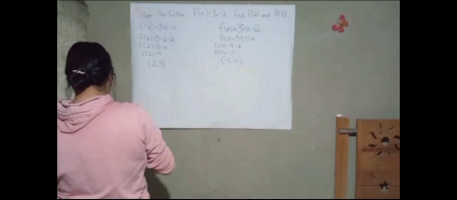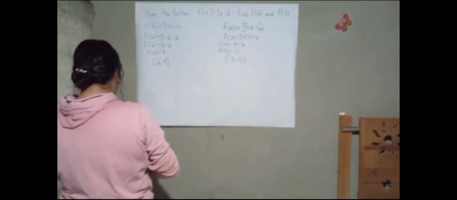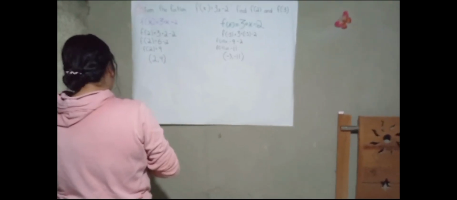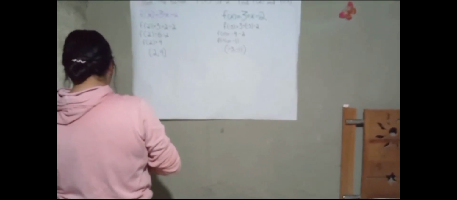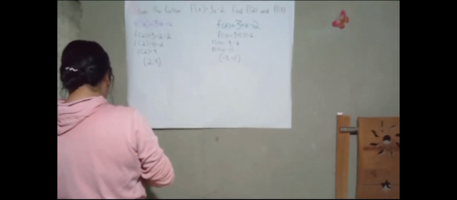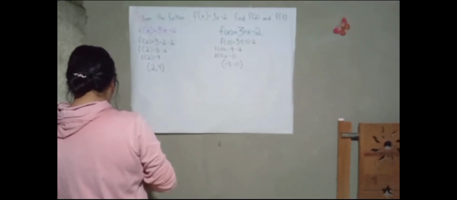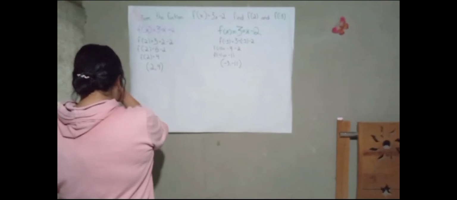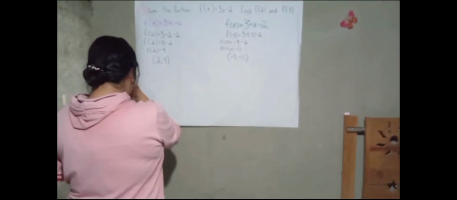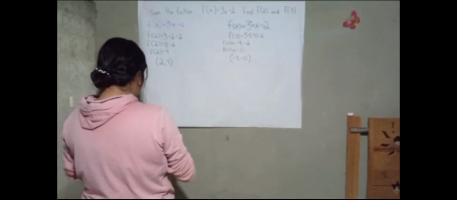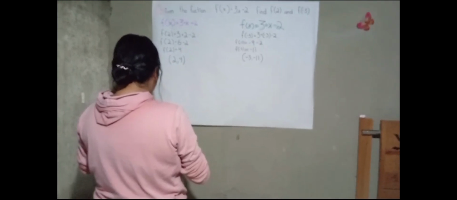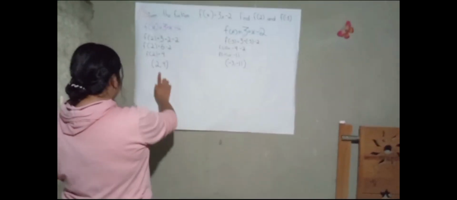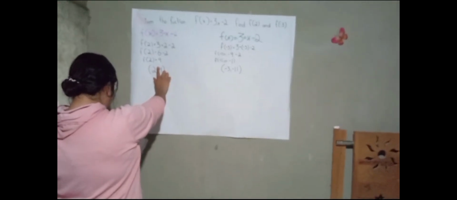First, f of 2 equals 6 minus 2, equals 4. First, we solve the multiplication and then the subtraction. We multiply 3 by 2, equal to 6, and subtract 2, and as a final result we obtain 4.